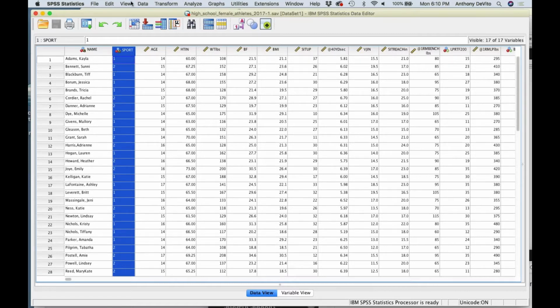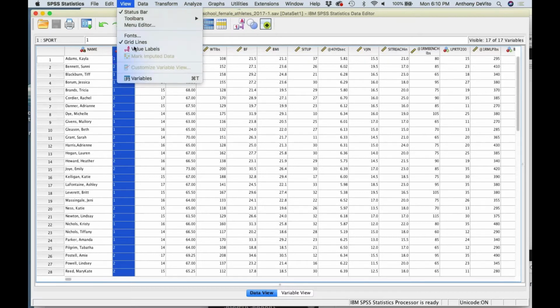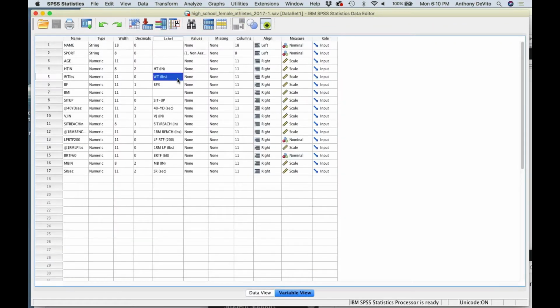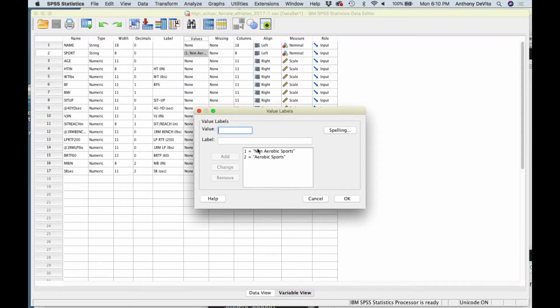I'll turn this back on, and if we go to the variable view, you can see the coding. So for sport, values, 1 is non-aerobic sport, 2 is an aerobic sport. Even though it's coded as a 1 or 2, we've identified it for SPSS as non-aerobic or aerobic. So from now on, if we create a chart or a table, it'll use those values instead of the number 1 or 2.